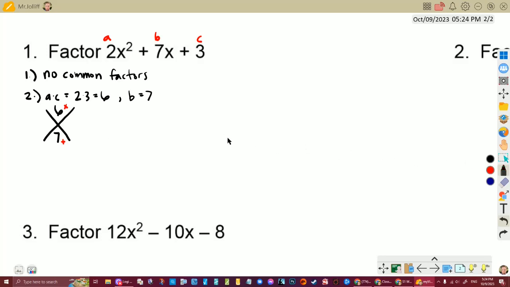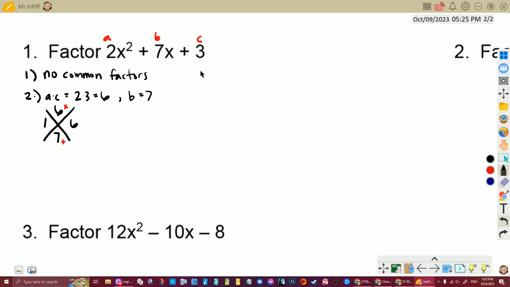And 6 only has 2 pairs of factors, 1 and 6, and 2 and 3. 2 plus 3 is 5, that's too little, so it must be 1 and 6 here. So 1 times 6 is 6, 1 plus 6 is 7.